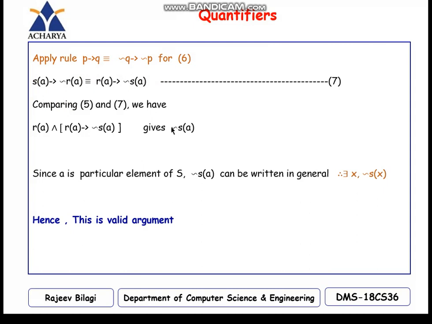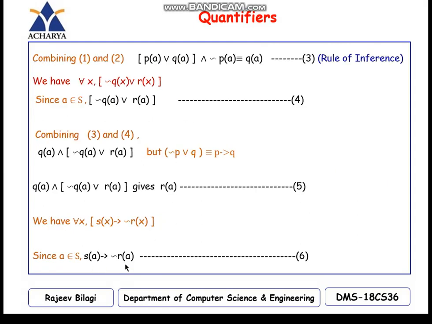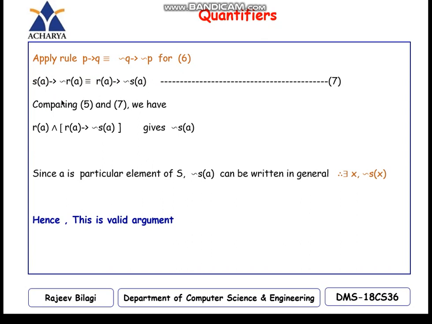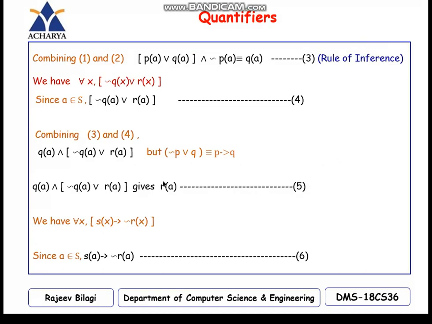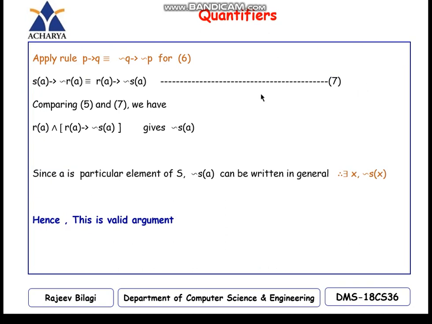Now we will see applying P then Q on 6. So what will you get? It is a contrapositive statement for this. I have applied this and I am getting this particular statement 7. Now with 5, which is after combining with 3 and 4, I got equation number 5, and I am left with the last statement, 7.